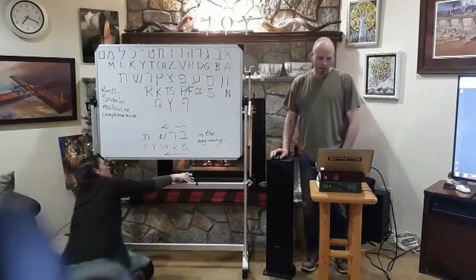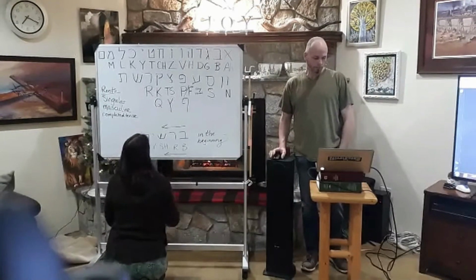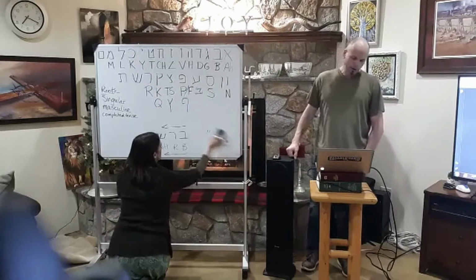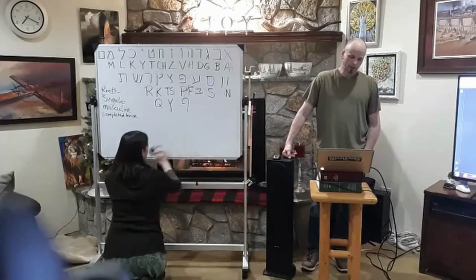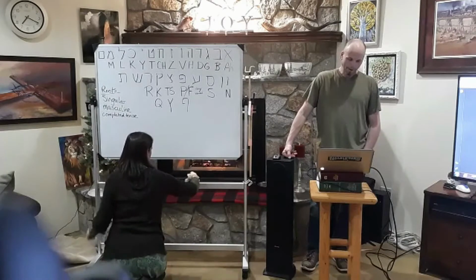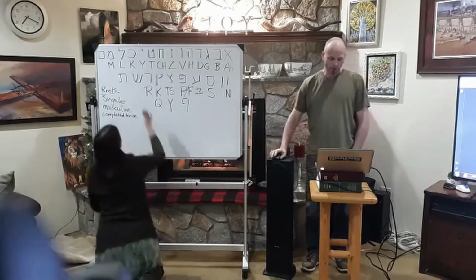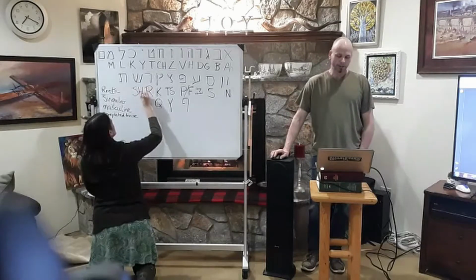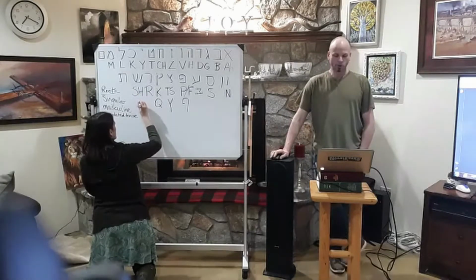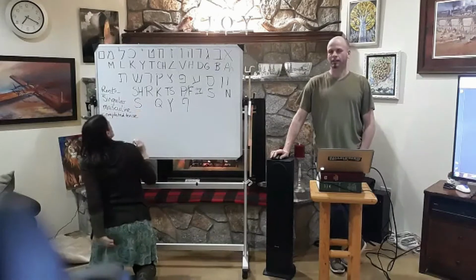Okay, we got the Sheen, which is, the word picture is teeth, to devour or destroy. And of course, we talked about that. That can sound like sh, S-H, as in ship, or S as in sing.